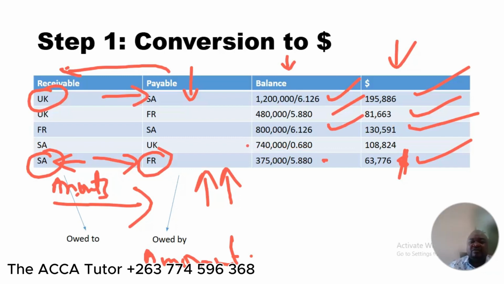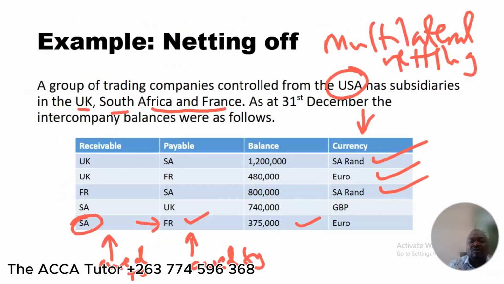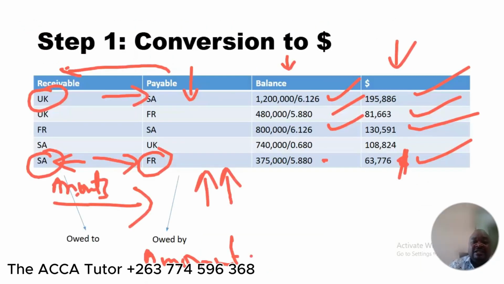Then we ask ourselves, 740,000, was it a euro or a Great Britain pound, GBP? In that case, we are going to use the pound dollar rate, and we get 0.680. We just do the division, and we get those dollars.